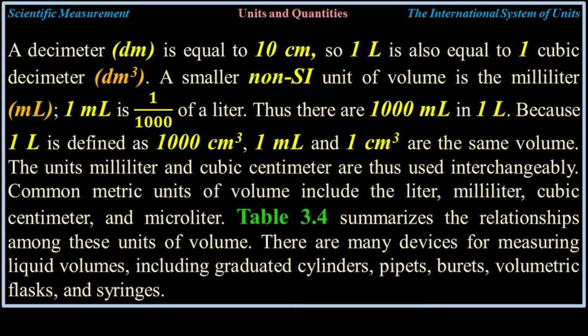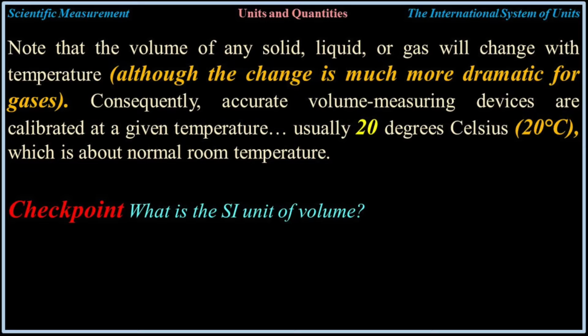There are many devices for measuring liquid volumes, including graduated cylinders, pipettes, burettes, volumetric flasks, and syringes. Note that the volume of any solid, liquid, or gas will change with the temperature, although the change is much more dramatic for gases.